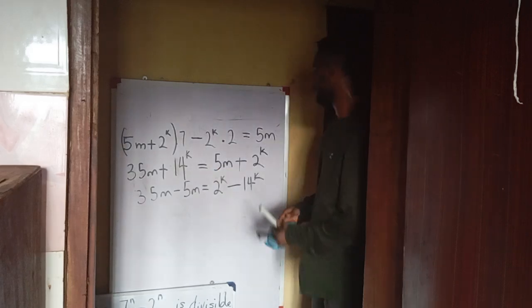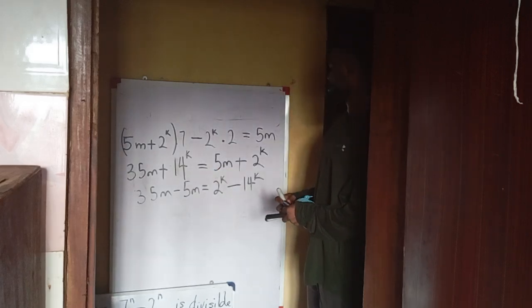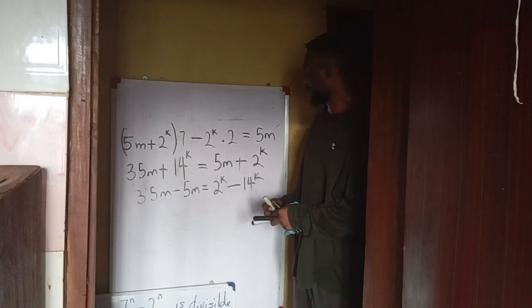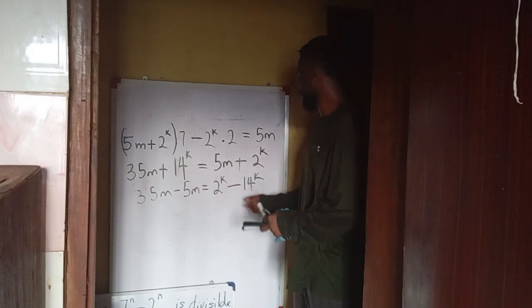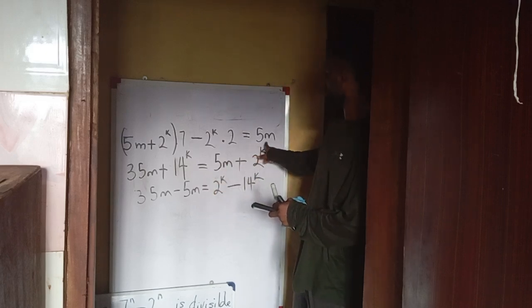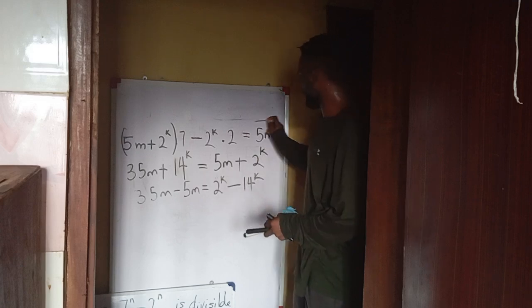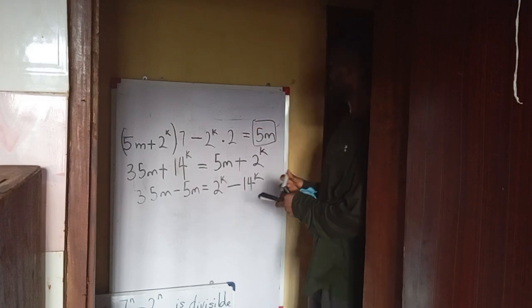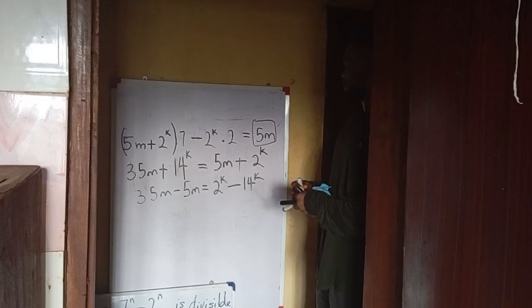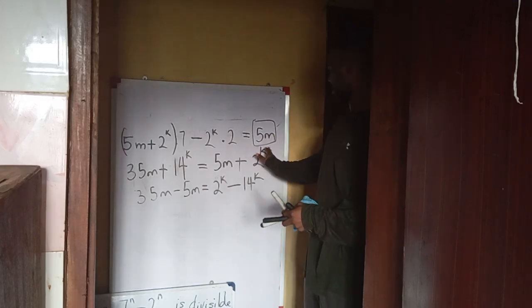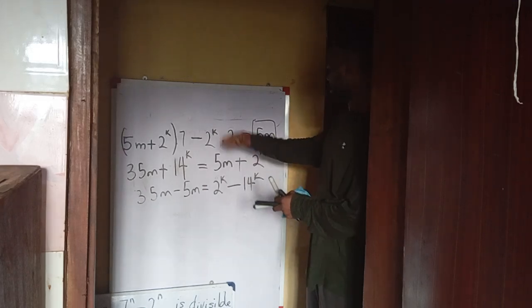So applying the principle, let's say everything here is equal to 5m. At the point where we have this 5m, this is where we're supposed to have stopped.